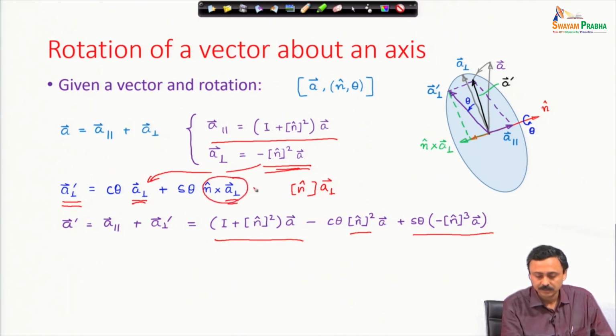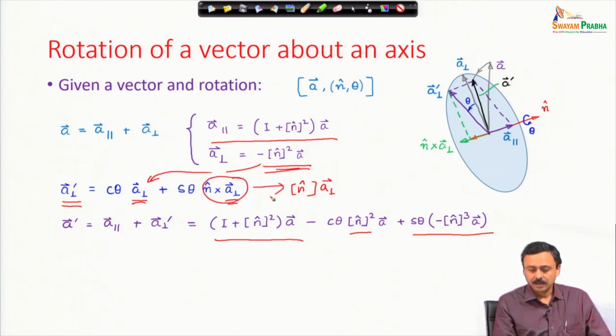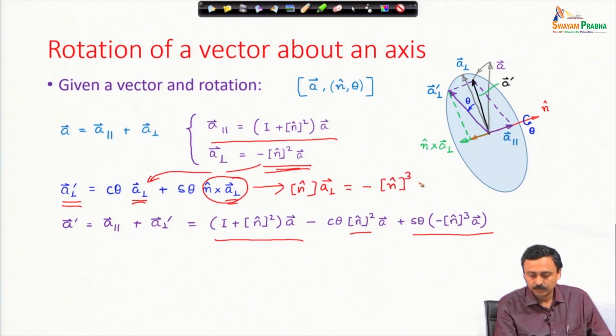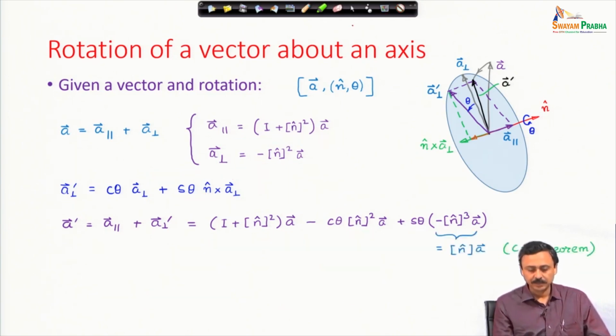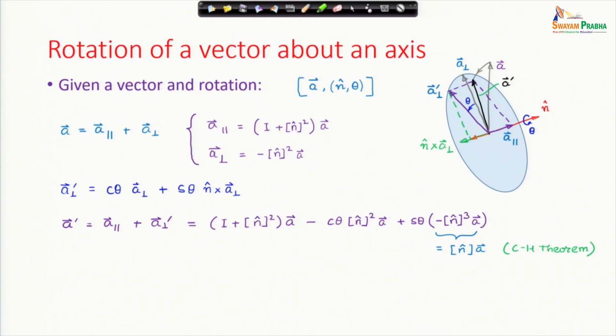So, this is equal to this, and when I plug in A perpendicular, that becomes minus of n cap cube A vector. This is what I have written, and sin theta sits as it is. Do these algebraic steps, you will obtain this, and from Cayley-Hamilton theorem I have n cube as minus n cap Rodrigues form, and that minus minus gets cancelled. So, this must be n cap A vector.